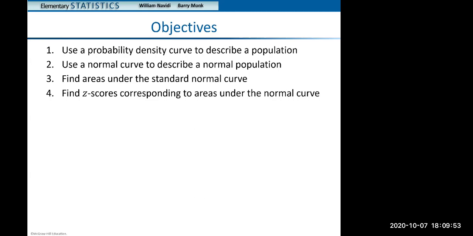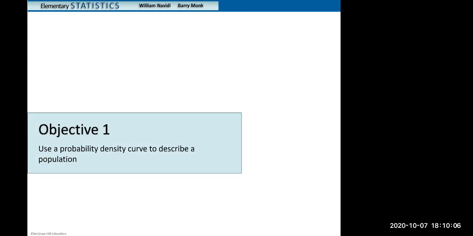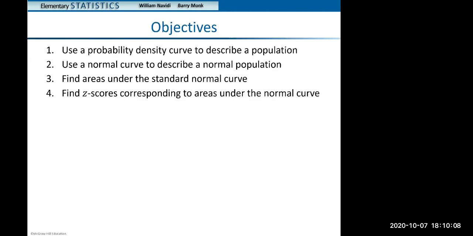Number 3, find areas under the standard normal curve. And number 4, find z-scores corresponding to areas under the normal curve. We're going to use all this also for section 7.2 because it's all about the applications of the normal curve.